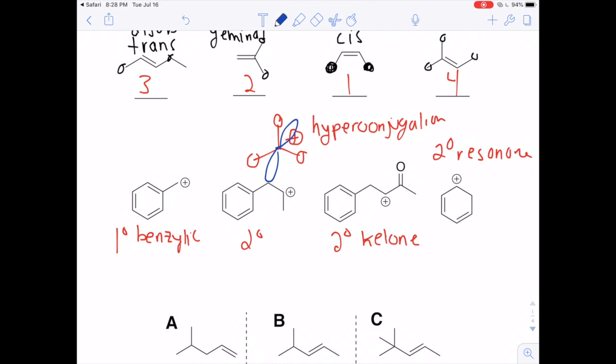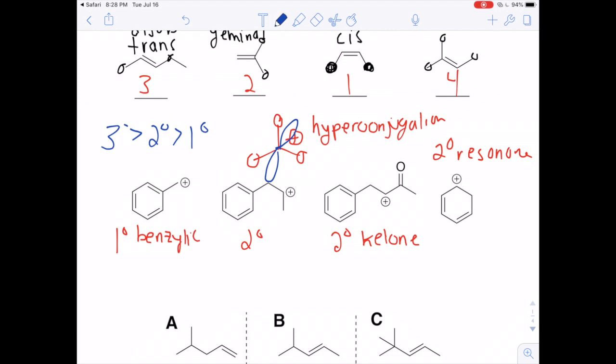So because tertiary carbocations have more alkyl groups nearby, the odds of hyperconjugation stabilizing that carbocation would be a lot higher than a secondary carbocation or a primary carbocation. So the first feature would just be hyperconjugation. And that leads us to the conclusion that a tertiary is greater than a secondary, which is greater than a primary carbocation.